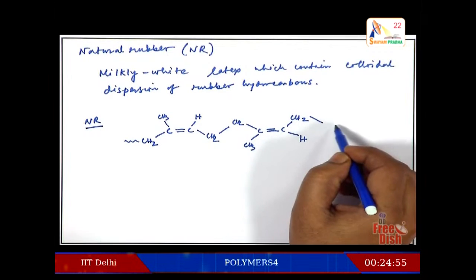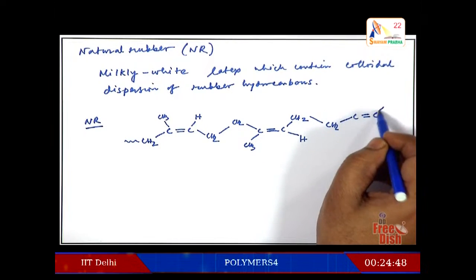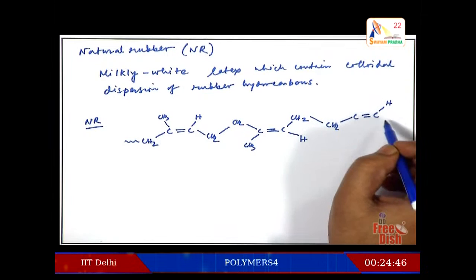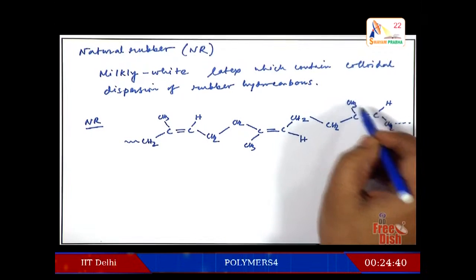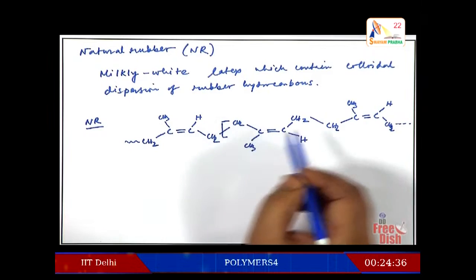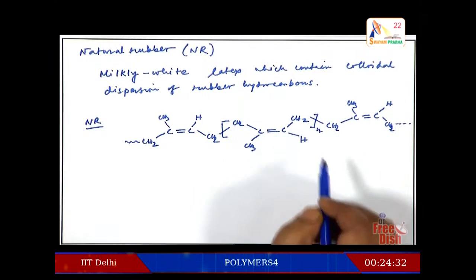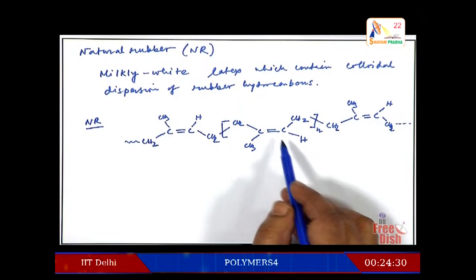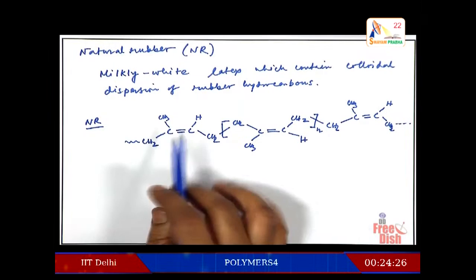Obviously, we got the polymer. It is not that we had synthesized the polymer in the lab or plant. So, the polymer was obtained, and then the structure was analyzed, and it was found like this. So, you can consider this is the repeating unit of the polymer.